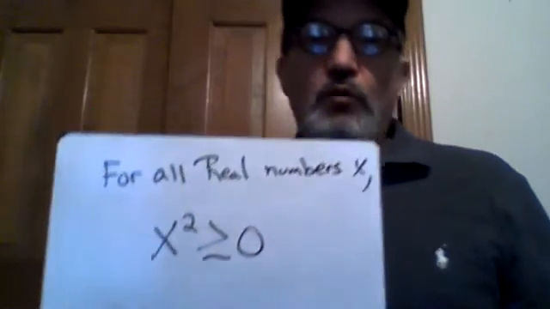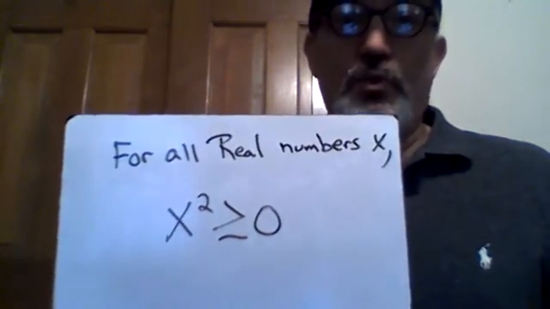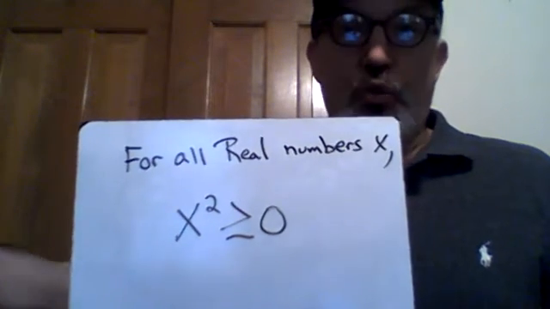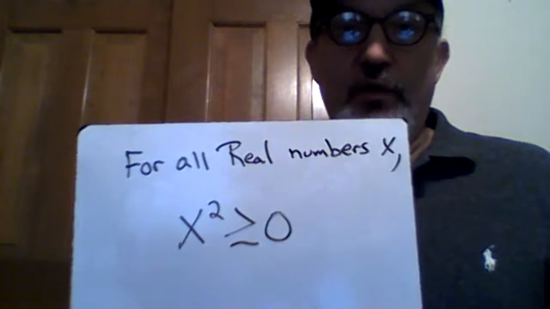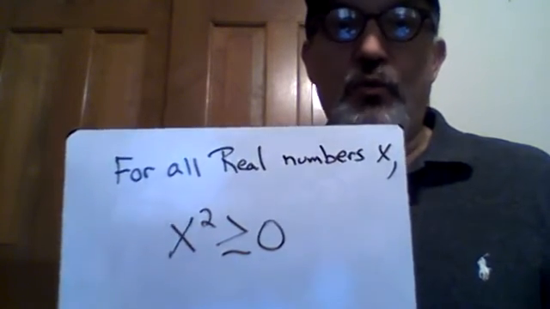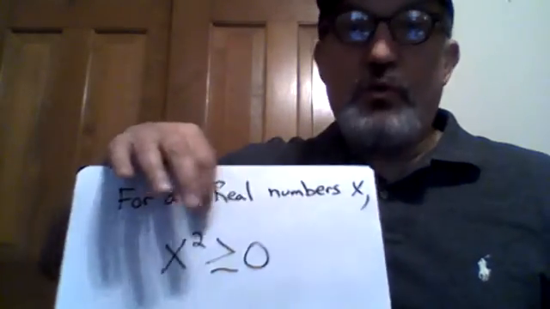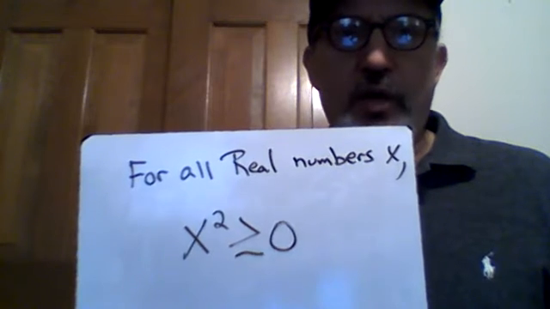One last general observation about raising numbers to a power, particularly squaring a number. No matter what real number x is, if you square x, you get a number greater than or equal to 0. If x is 0, 0 squared is 0. But if x is anything else, you're going to get a positive number.